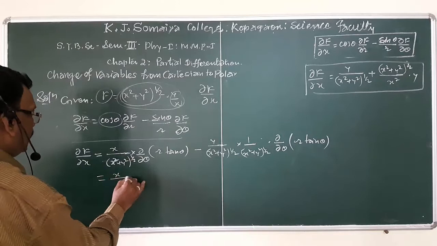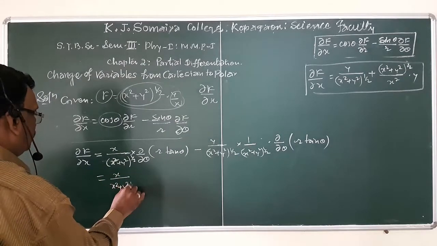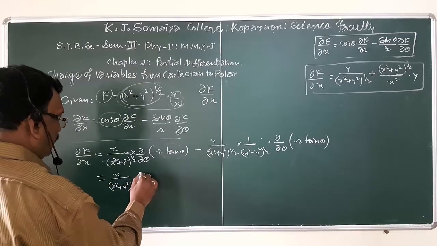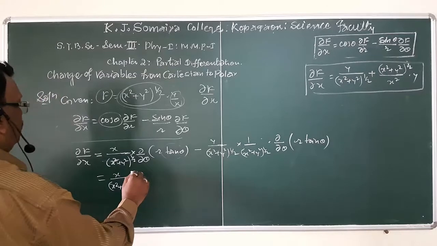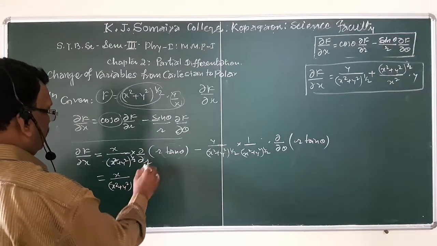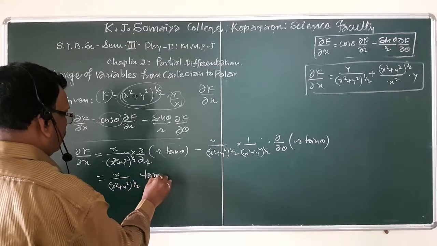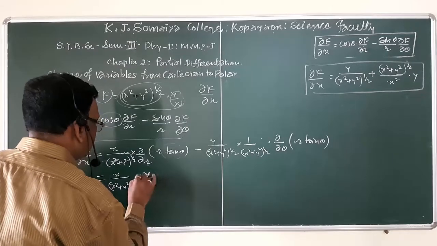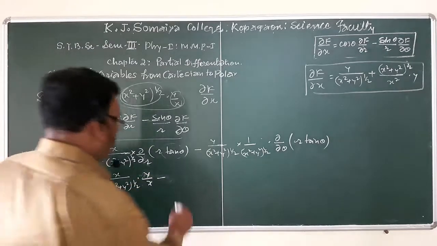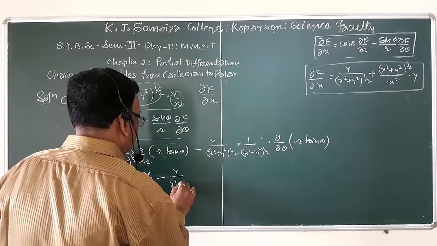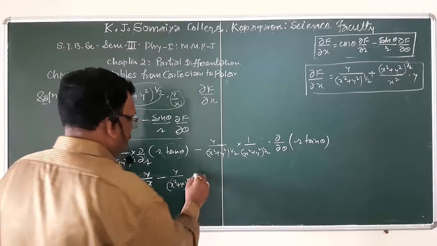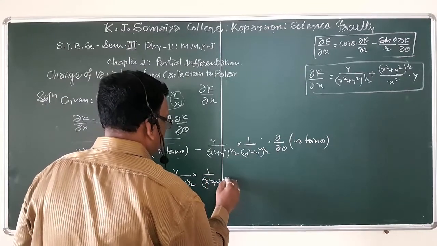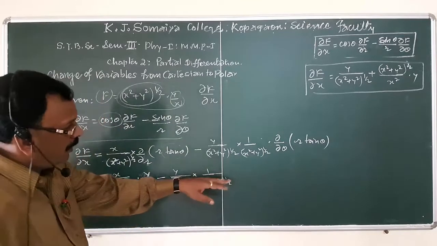We get x upon (x square plus y square) bracket raised to 1/2, and the differentiation of this is r, here r, here tan theta. Tan theta means y upon x, minus y upon (x square plus y square) bracket raised to 1/2 into 1 upon (x square plus y square) bracket raised to 1/2, and this is the value of 1 upon r.